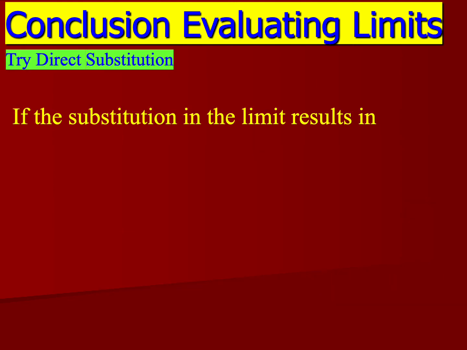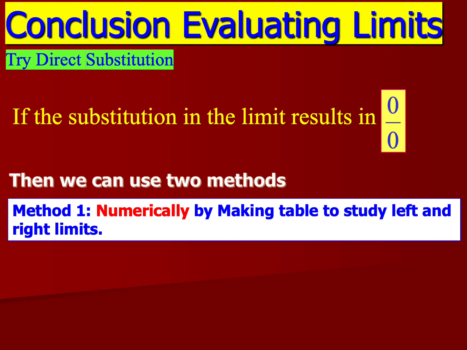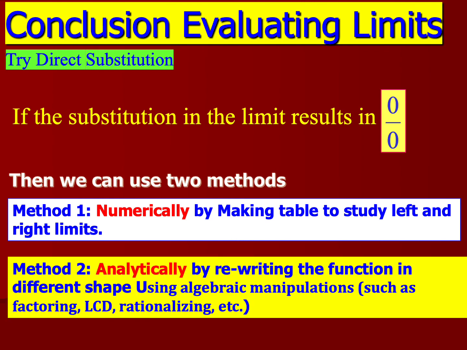And if after direct substitution I get 0 over 0, as we just explained, we need to do algebraic manipulating. The first one is factoring and the second one is rationalizing, and there are many other manipulating techniques, but we don't forget we can also use the numerical techniques, but it's better to use analytical ones, which is rewriting the function in a different shape.